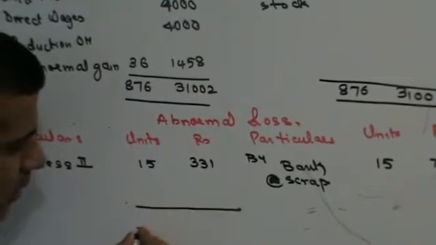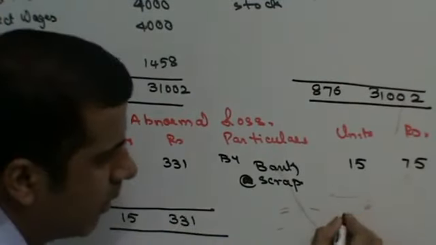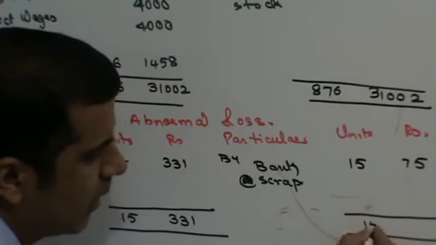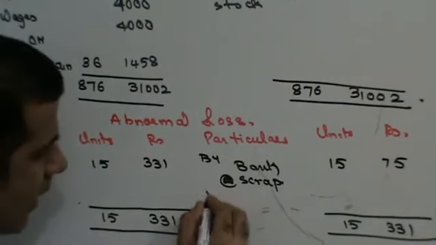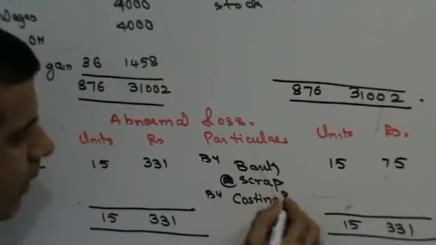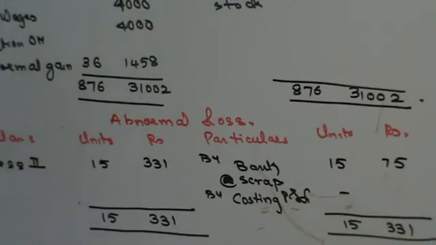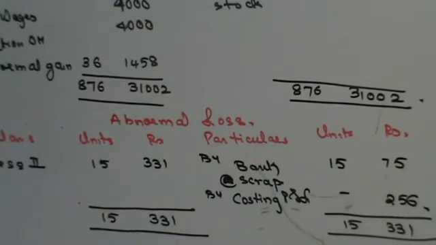Tally this. This will be 15 and 331. The difference is to be written as by costing P&L. So this is going to be nil and this is going to be 256. That's my abnormal loss account. Very simple. Just transfer the account on the other side and tally it with scrap.